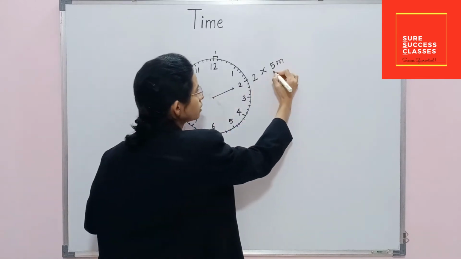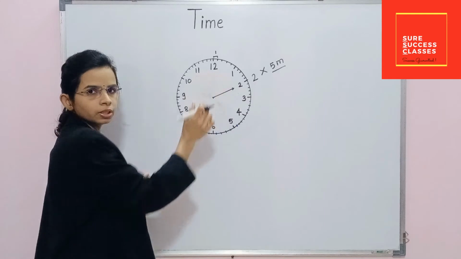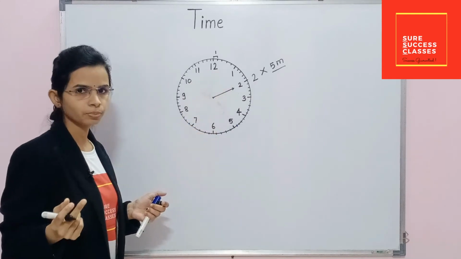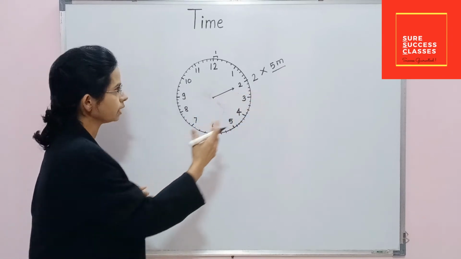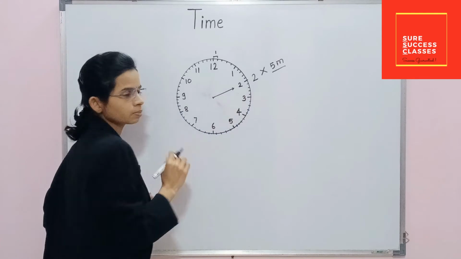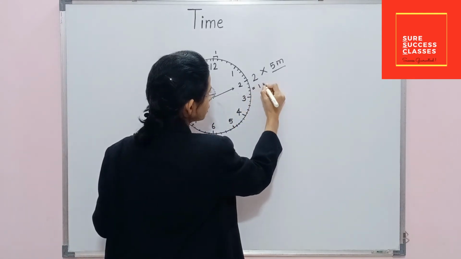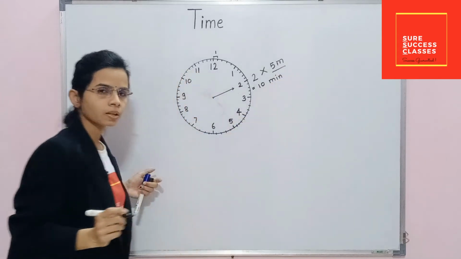Why do we take 5 minutes here? Because the duration between two numbers is 5 minutes. So in each case we will multiply the numbers by 5. So here we will get 10 minutes.